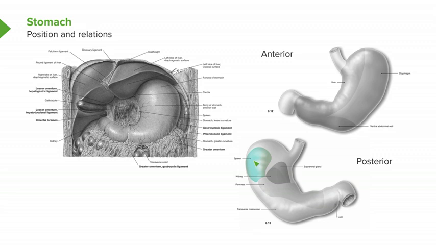Immediately behind the stomach, we have the spleen, we have the kidney, we have the pancreas. We can also see in this region down here, we have the transverse mesocolon. We'll look at the transverse mesocolon in more detail later on. So we can see the position and the relations of the stomach to the other abdominal organs.